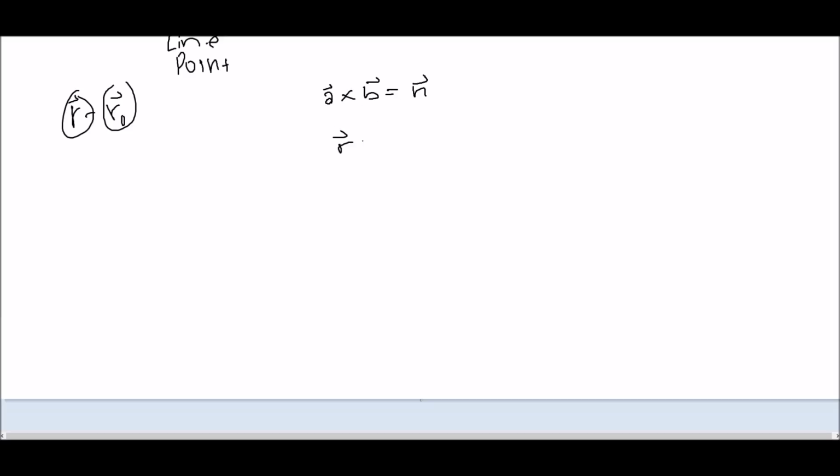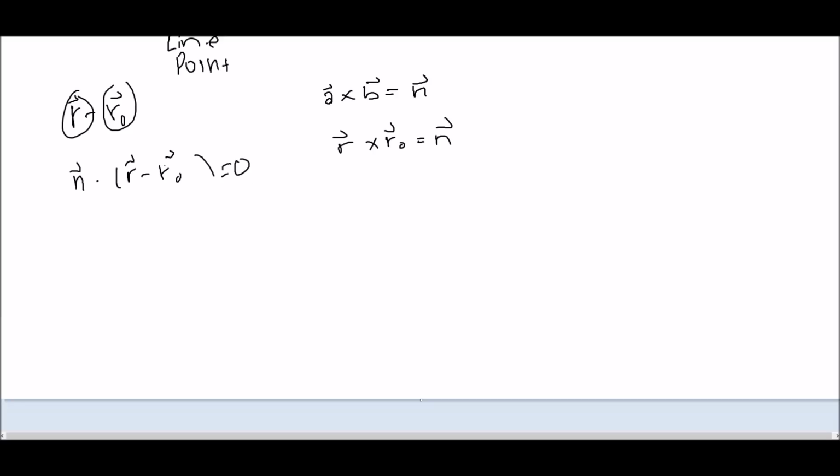So if we do r cross r naught, we are also given the normal vector between those two vectors, which is a perfect utilization. So now we know that n dot r minus r naught will give us our equation of a plane. But hold on.